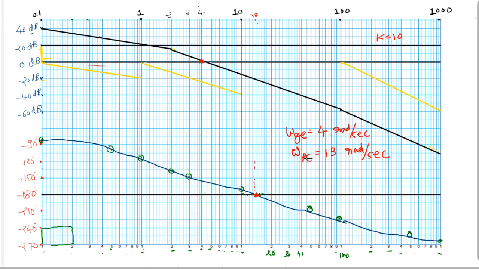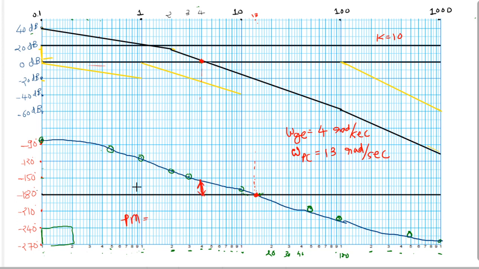Now calculate gain margin and phase margin. That is not asked in this example, but I am showing you how to calculate gain margin and phase margin. The slope is crossing 0 decibel here. If I trace this line to here, this portion indicates the phase margin.